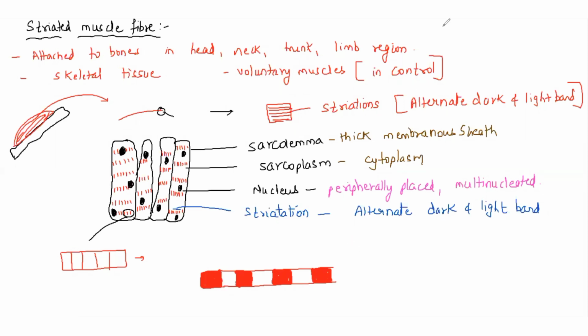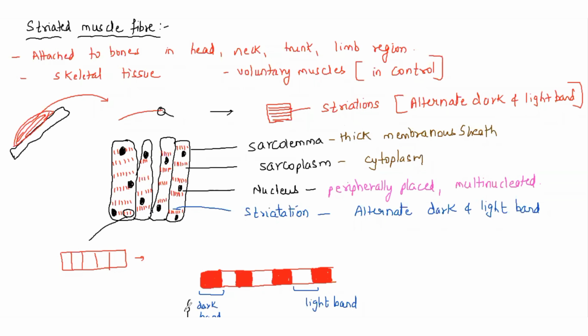Now what we need to understand here is that this band I call a dark band, and this band I call a light band. So why is it called a dark band, and why is it called a light band? We have to understand that the dark band is dark because it does not allow the light to pass through it.